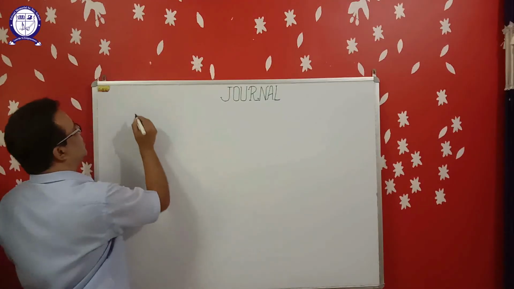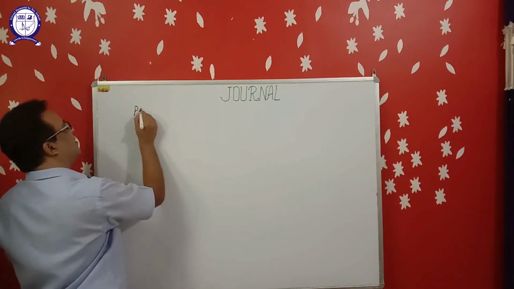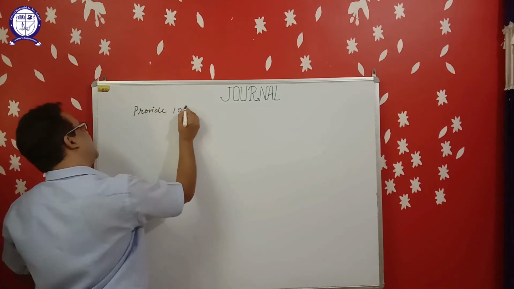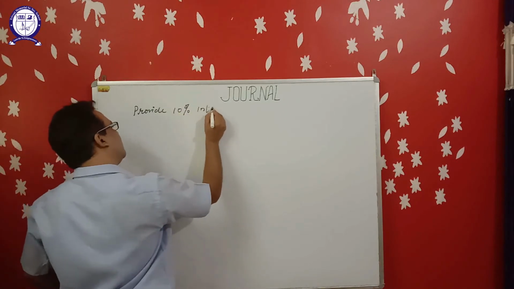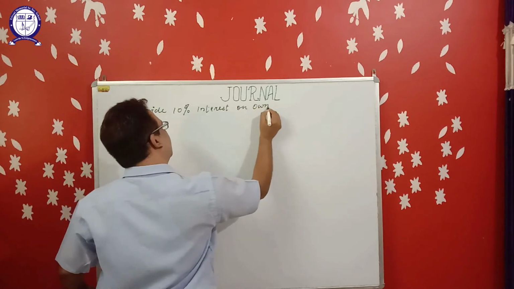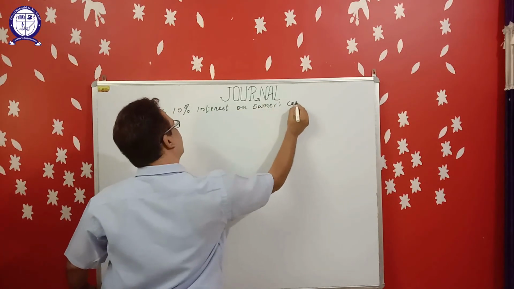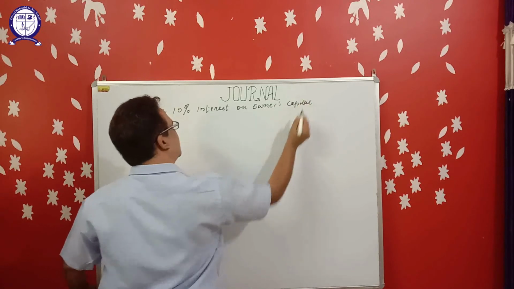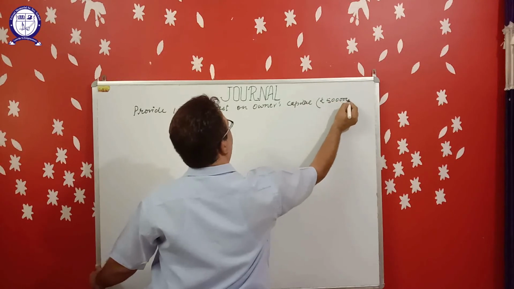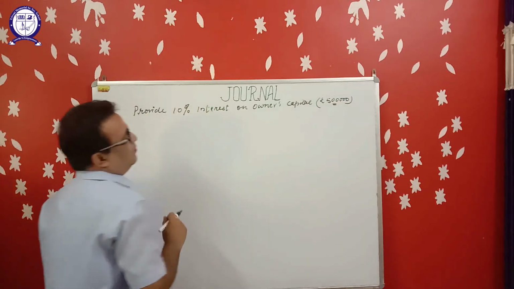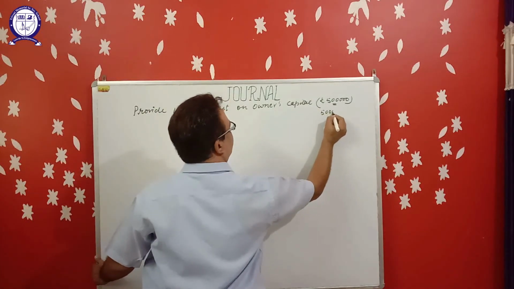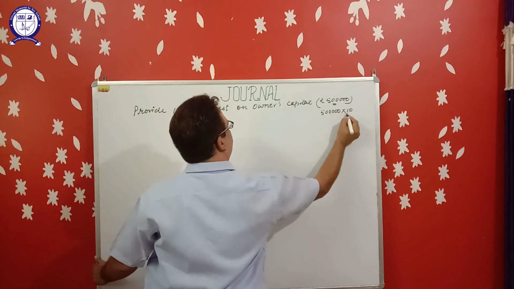Next transaction is provide 10% interest on owner's capital. Suppose the amount of capital is rupees 5 lakh. The interest will be 5 lakh into 10 by 100.